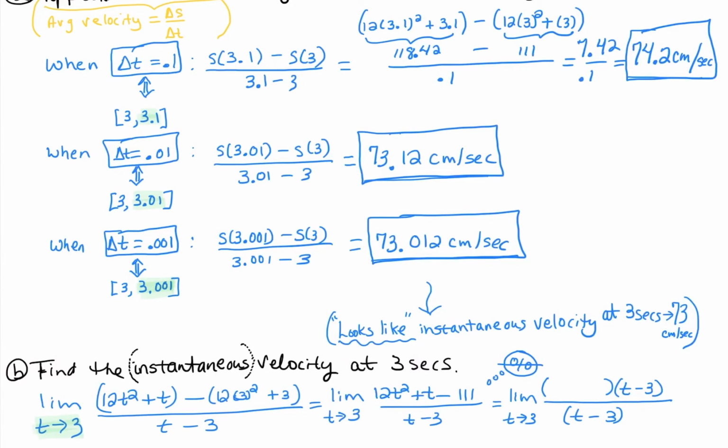Now, t times 12t gets me back to my 12t squared term, the first term. And then off to the side in our calculator, we'd have to do 111 divided by 3 to figure out the last term, that's actually 37, right?